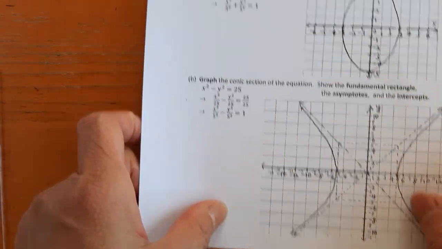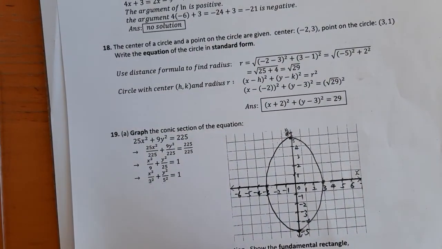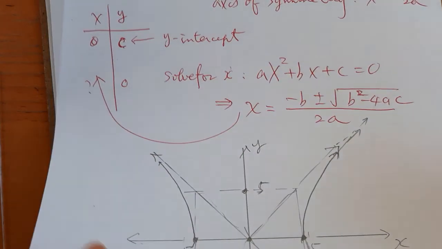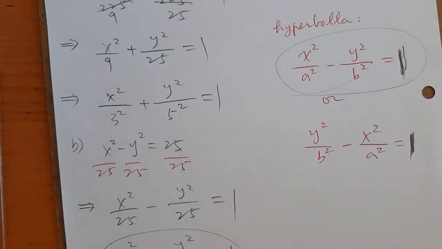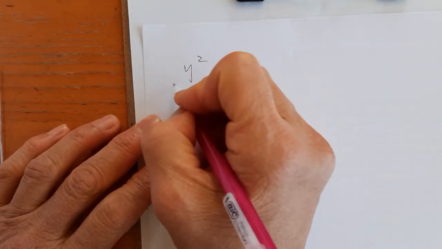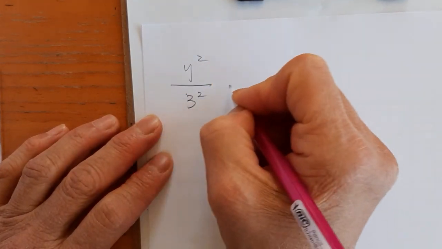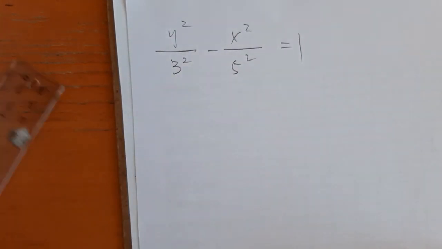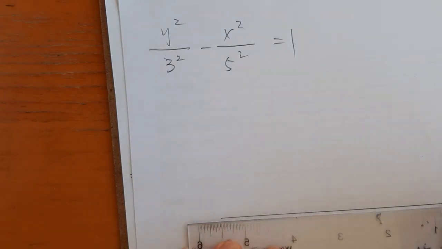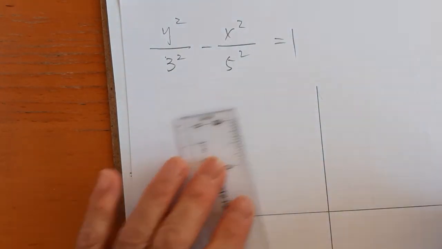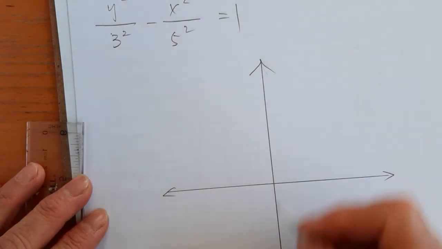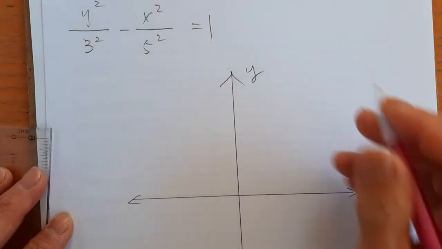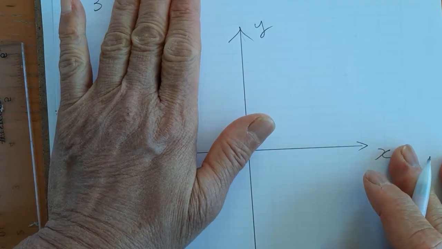Now, if it is the other way, for example, y squared over 3 squared minus x squared over 5 squared equal 1, then the graph is like this, with x and y axes.